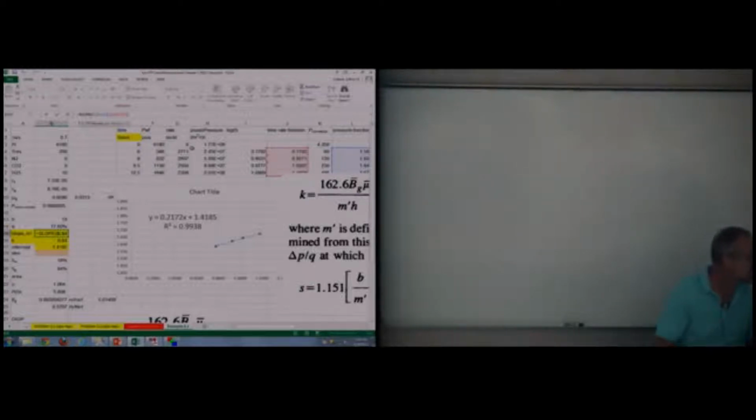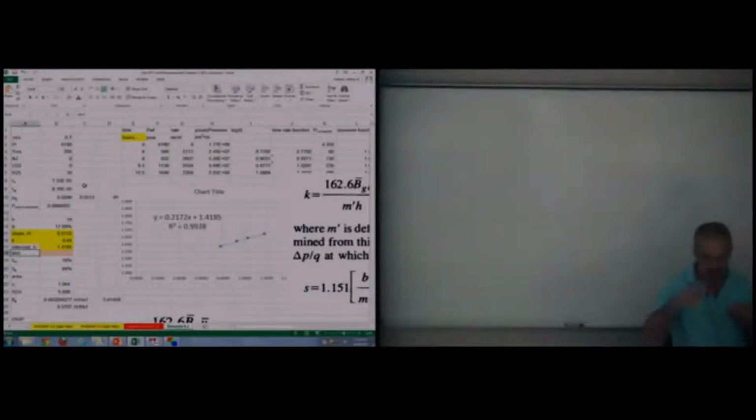I've copy pasted, changed the name from slope to intercept, and I have that intercept. So that intercept in the equation that I'm going to be using here is called B. In a lot of the other problems it's going to be P sub 1 hour, but here it's called B.